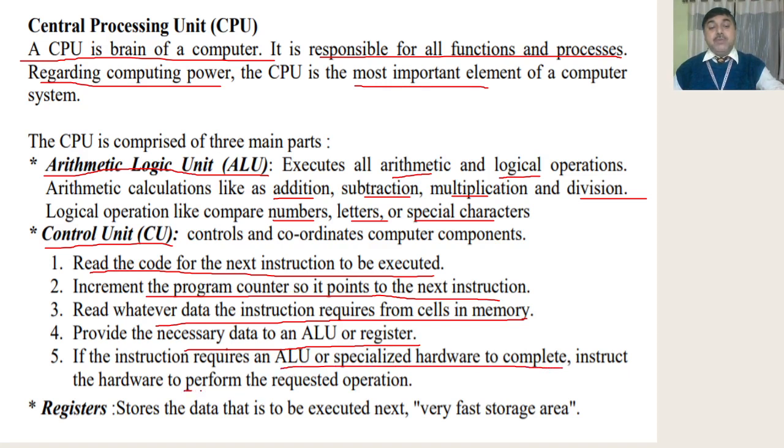So the control unit will do all of this. First and foremost, it will read the code and see what instruction is to be given. Second, the increment part, the program counter: where to go, where to find, how to do it. This is the second section that we are going to discuss.